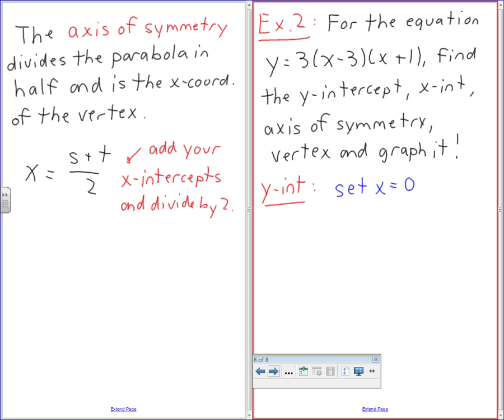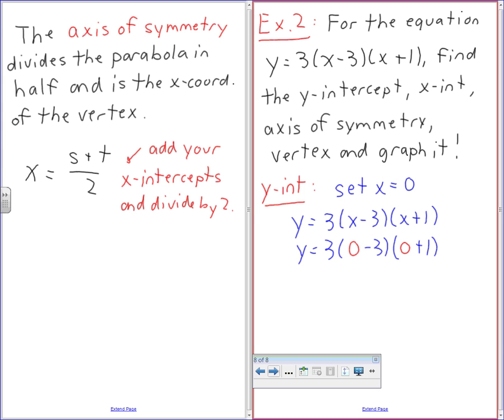So what we're going to do is we're going to start with the equation y equals 3, x minus 3, and x plus 1. And what you're going to do is everywhere you see an x, you're going to plug in a 0. Okay. So we said a y-intercept is to set x equals 0, so everywhere I saw an x in my equation, I plugged in a 0.